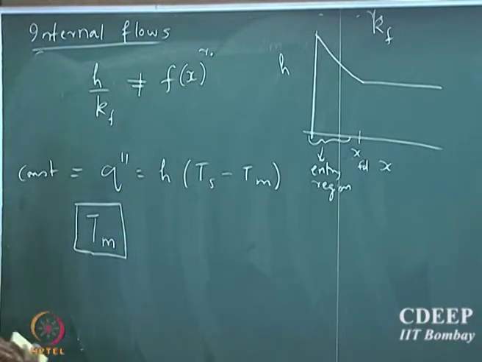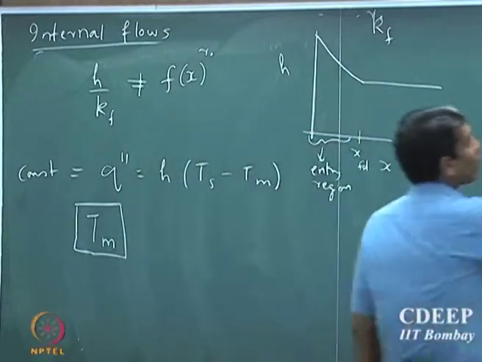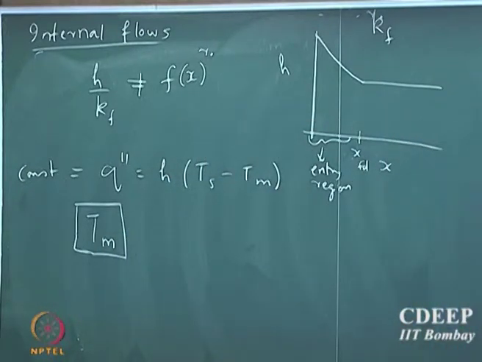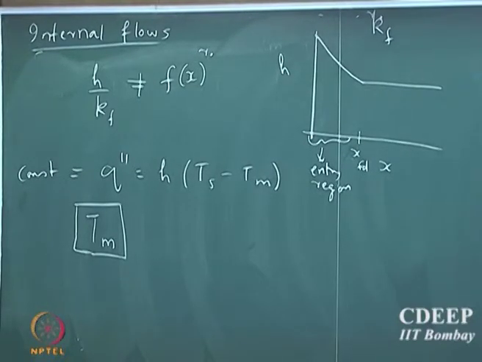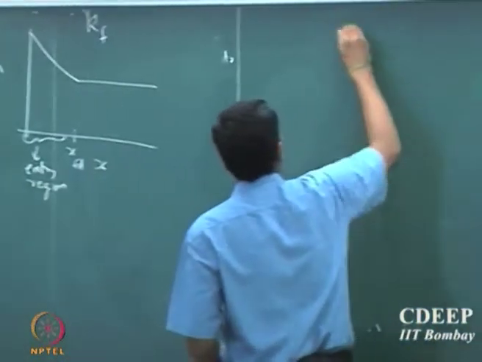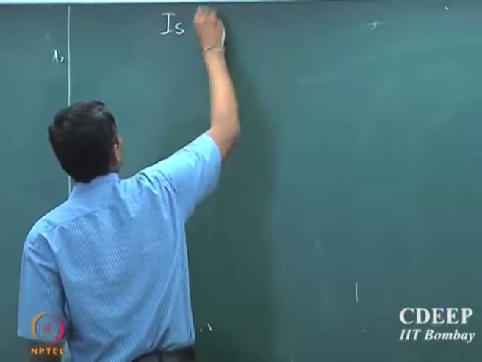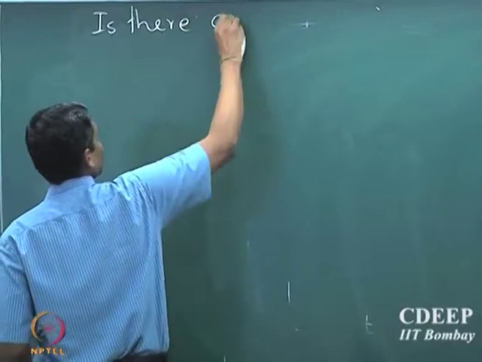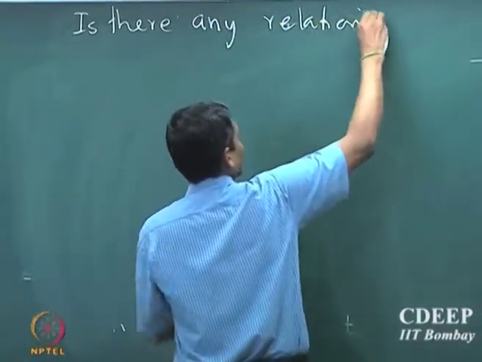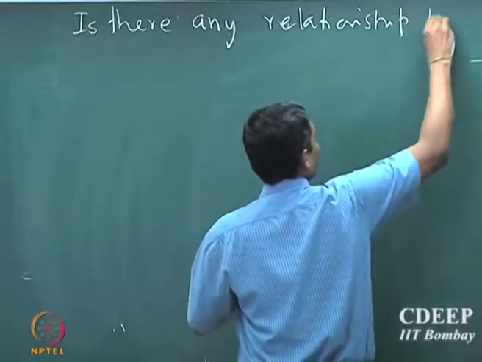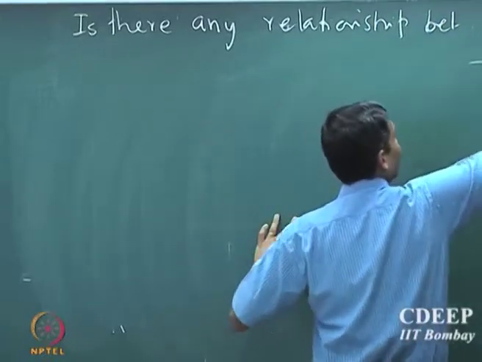Before we go and find out what this mean temperature is, let's see if we can find the relationship between the mean temperature and the actual local temperature. Is there any relationship between T and Tm?